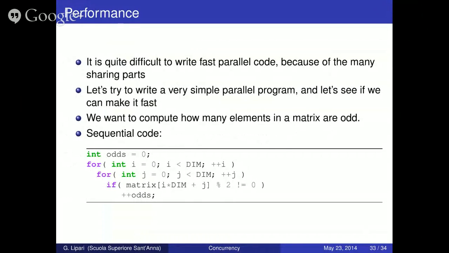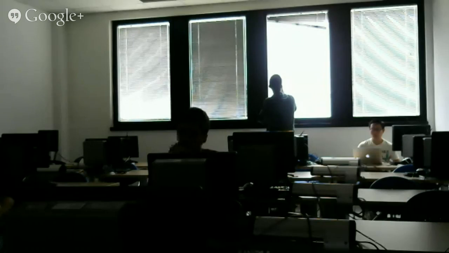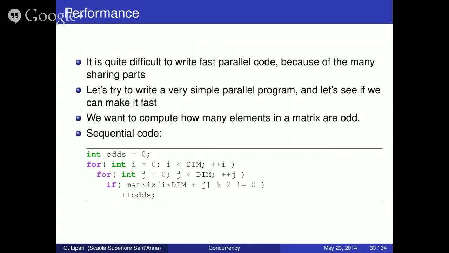So we are just going to look at another problem that has nothing to do with synchronization, but is quite a different thing. In general, it's quite difficult to write parallel code because of the many common resources shared in the hardware.